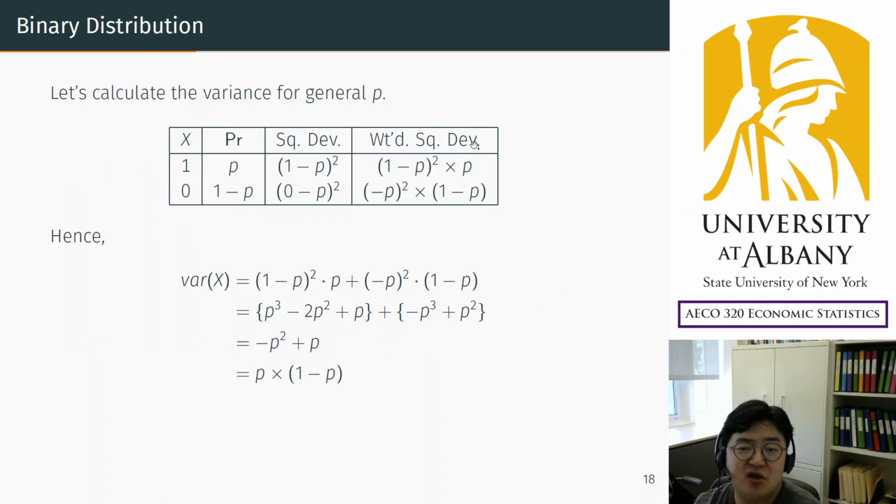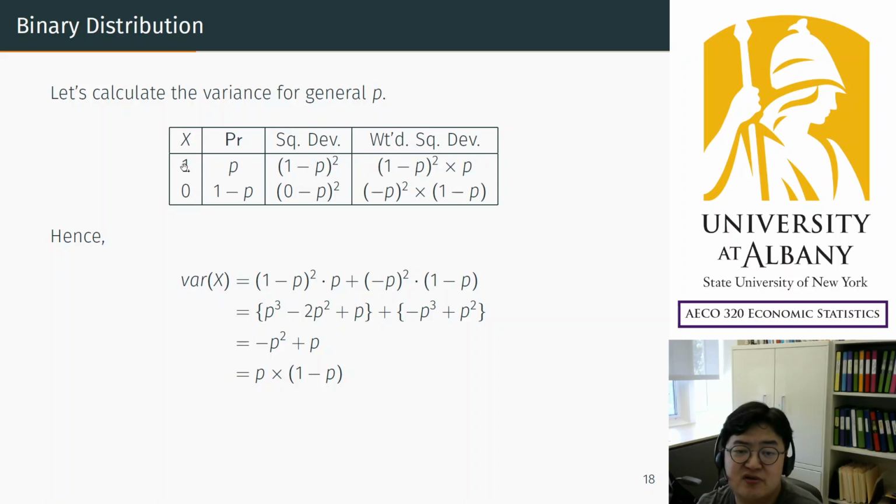But now let's think about the variance. So the mean was P. So deviation is 1 minus P and 0 minus P. And you take square of them, and then weight with the probability. So multiply the probability to the squared deviation.